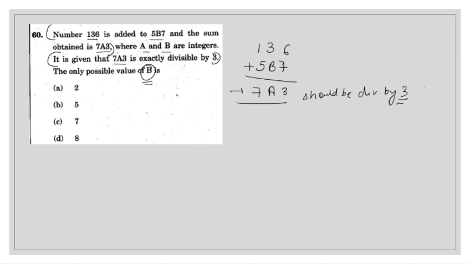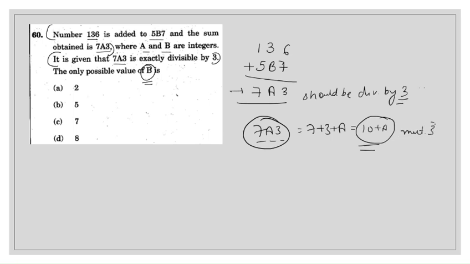And we know the divisibility rule of 3: for any particular number to be divisible by 3, the sum of the digits of that number, that is 7 plus 3 plus a, which will be 10 plus a, must be a multiple of 3, which means that this sum should be 3, 6, 9, 12, 18, and so on.